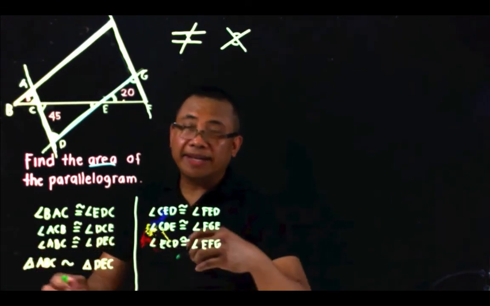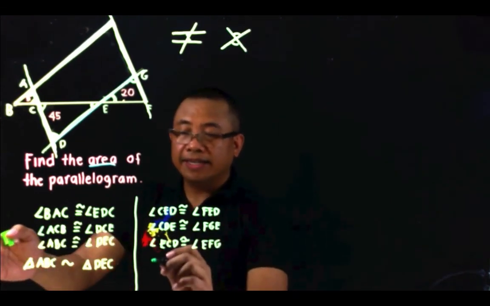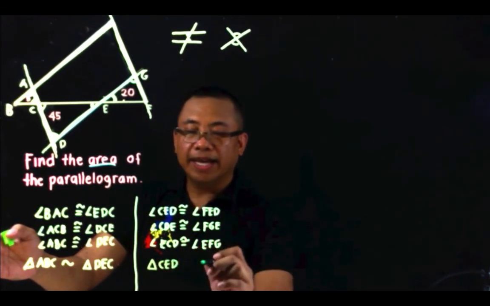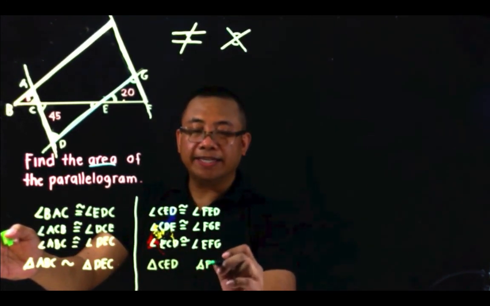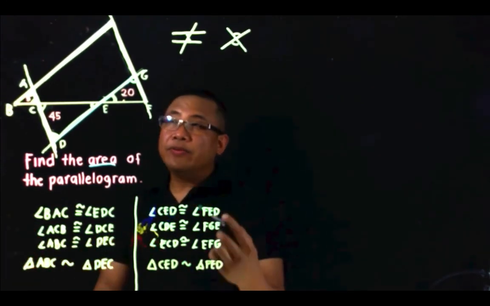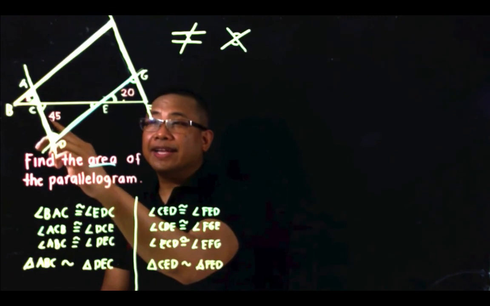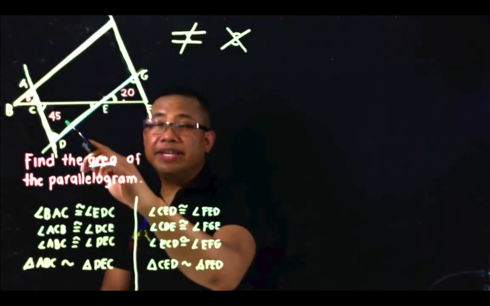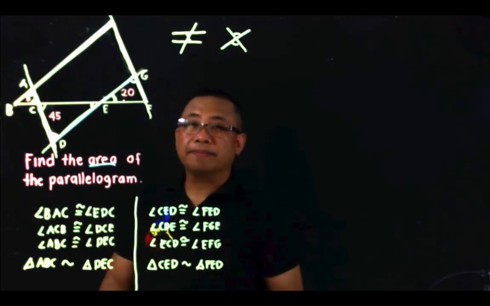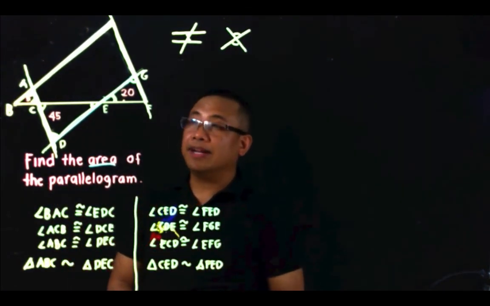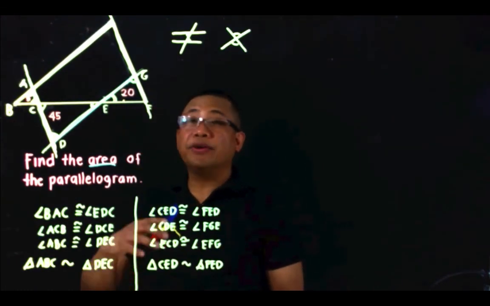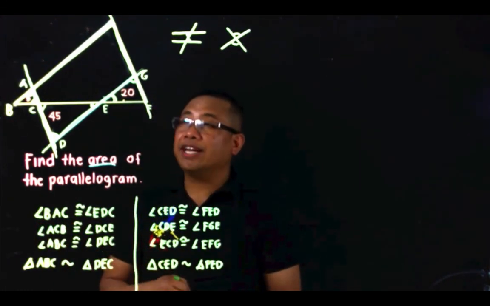So again, by the AA similarity, we can now say that triangle CED and triangle FED are also similar. So what we have now is this small triangle is similar to this bigger triangle, which is also similar to the third triangle. So the three triangles are similar. Now, since these three triangles are similar, then their corresponding parts are proportional.